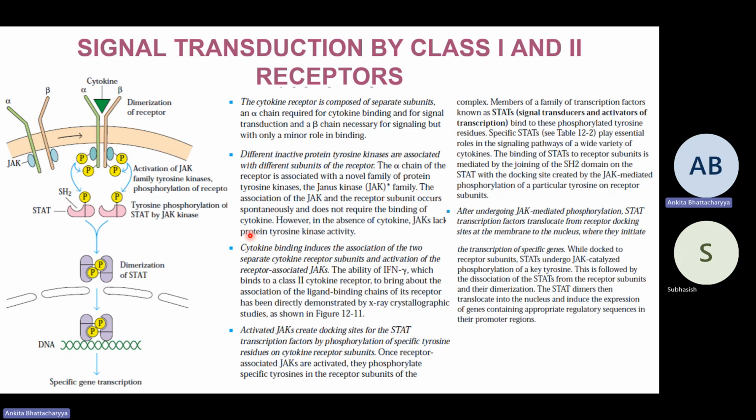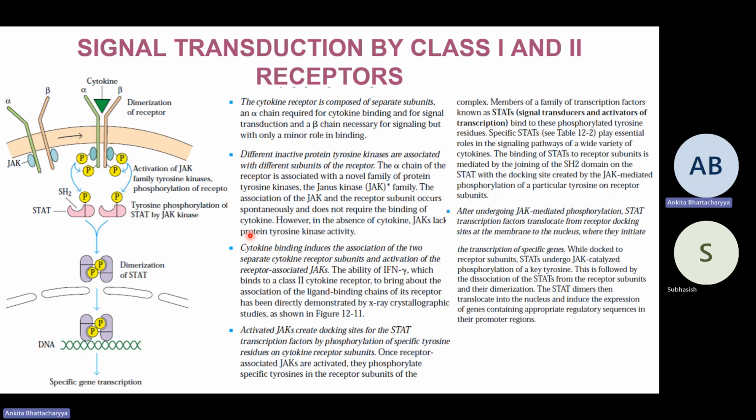When there is binding of the cytokine, it allows the dimerization of the receptor and the autophosphorylation of some tyrosine residues present on the receptor and on the enzyme, Janus kinase, as well. Under such conditions, you would consider the JAK, or the enzyme, to be activated.